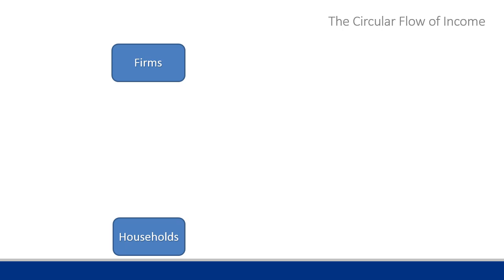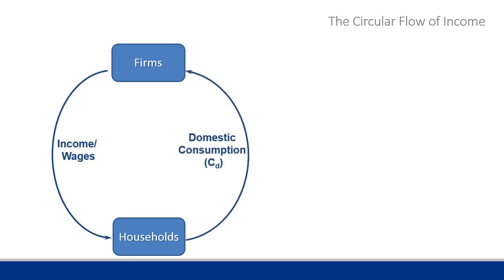We can split agents into firms and households. Firms provide income or wages to households in return for labour effort, and households in return provide consumption or expenditure to firms. They provide firms with revenue which comes from their income.